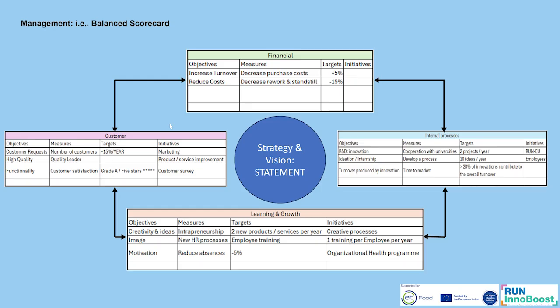A target that can be achieved would be 2 funded projects per year with the universities, and an initiative would be to get in contact with the Run EU network, or with NHL Stenden or FHV and so on, and discuss and develop common projects that could be submitted either to national or international funding tracks.